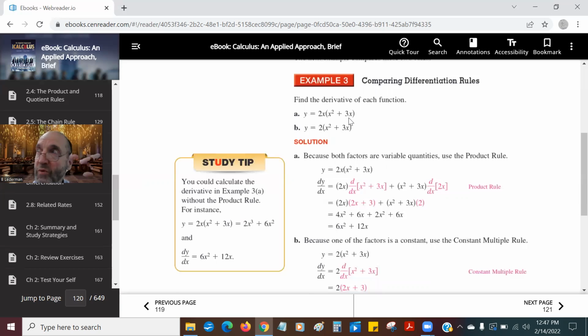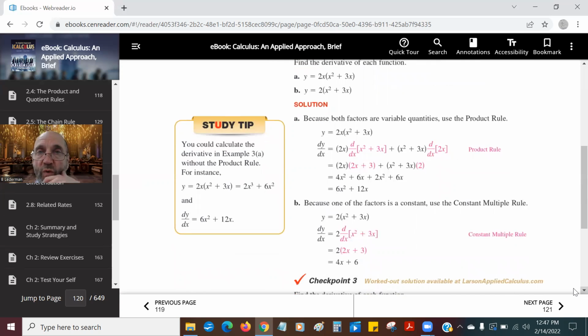And either way is fine. The point is that calculus gives us a variety of methods to do. Usually, a problem will often have more than one way to do it. Anyway, so here's the first function times the derivative of the second function plus the second function times the derivative of the first function.